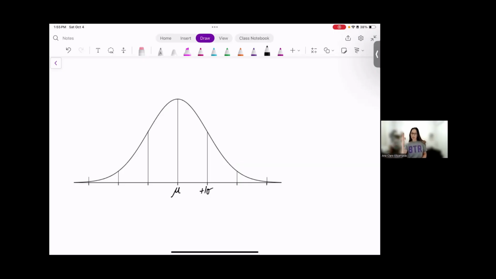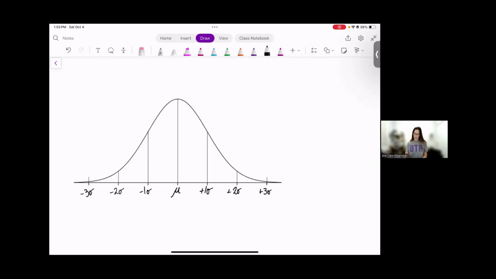The next line that we have here is two standard deviations to the right, and the next line is three standard deviations to the right. So these are standard across the board for any normal distribution, regardless of how skinny or wide it is. If it's normally distributed, this is true. To the left, we have one standard deviation below the mean, two standard deviations below the mean, and three standard deviations below the mean.